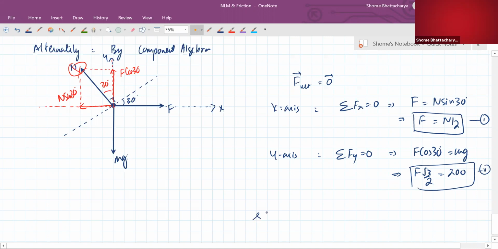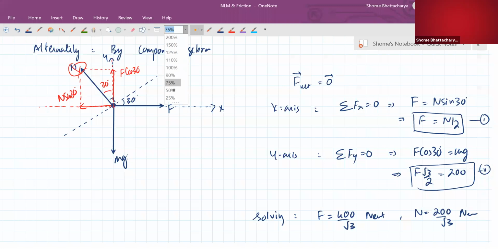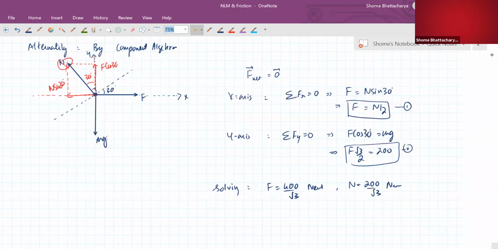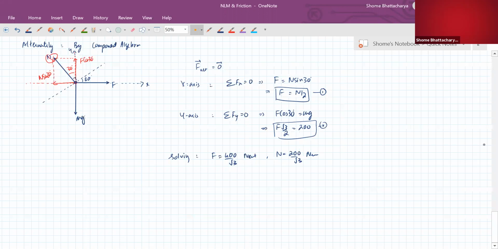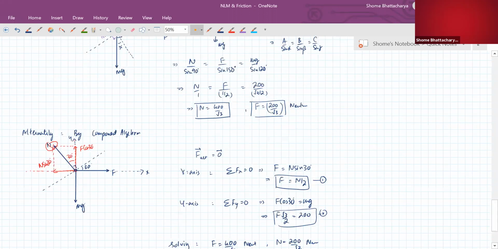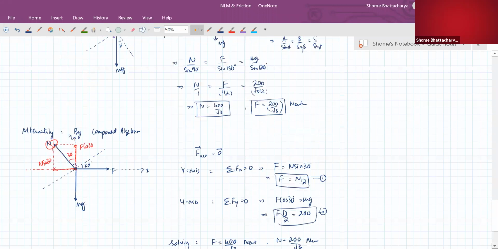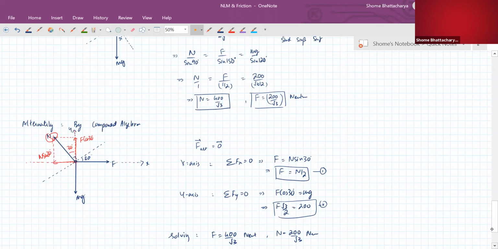And now solving these equations, you will get the result we had got earlier. So without any fuss, you can get it by component method also. Sorry, bit of a correction here.